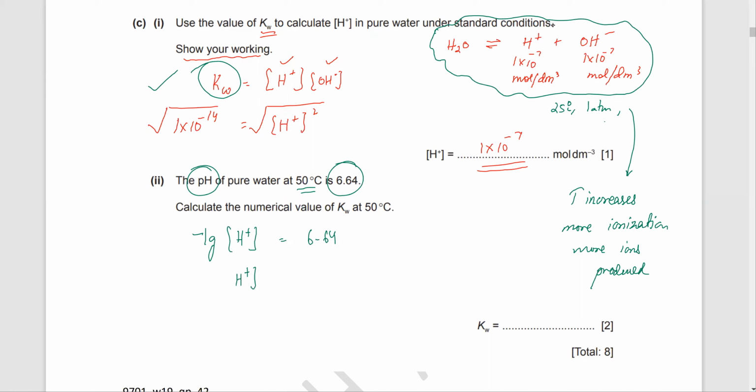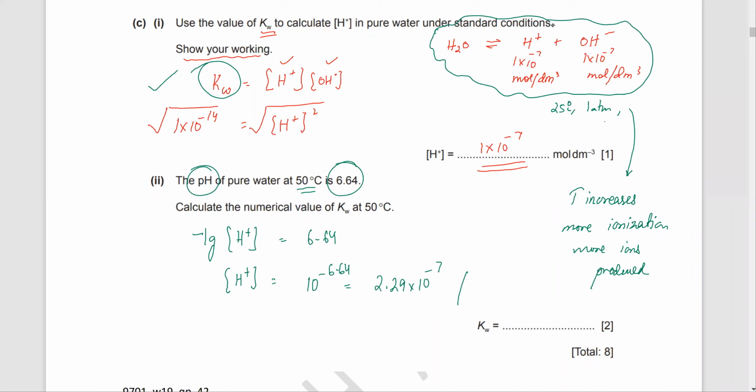It would be 10 raised to the power minus 6.64. What's the value that you're getting? 2.29 times 10 to the power negative 7, and that's mole per dm cube.